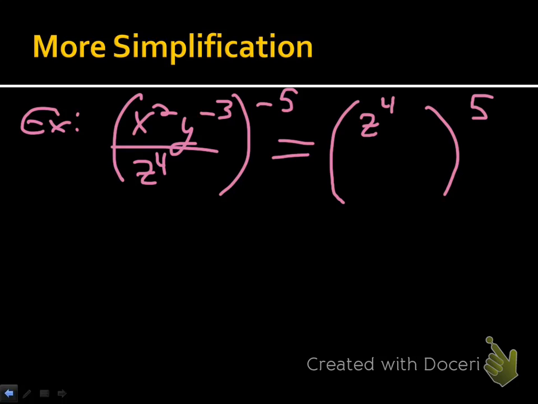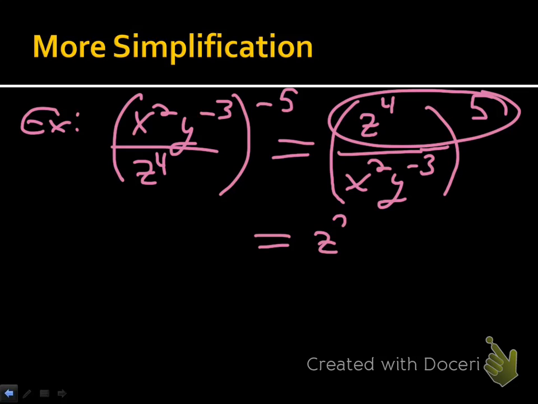So this is z to the 4th divided by x squared y to the negative 3, all to the 5th. Now, the y to the negative 3rd I'll deal with in a second. On top, I'm going to have z to the 20th, power to a power, divided by, on the bottom, x to the 5 times 2, and y to the 5 times negative 3.